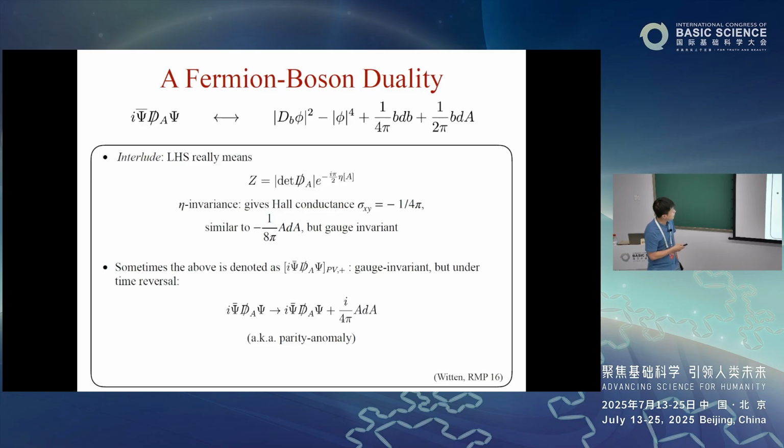In particular, the phase factor is given by the eta invariant, which in the language of Hall conductivity gives you Hall conductance -1/2 times the natural unit. Sometimes, just to avoid confusion in the literature, it's denoted as Dirac fermion with Pauli-Villars regularization with a particular sign choice.